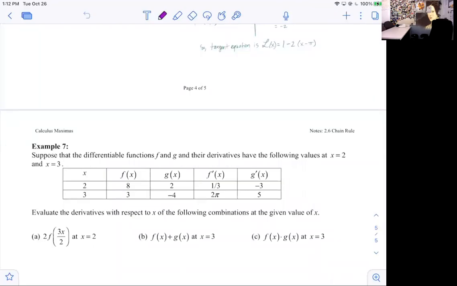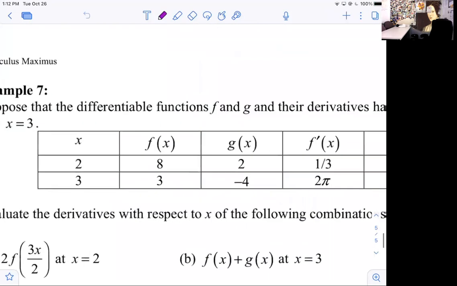Okay, here we go. Of course, we've done this already with other functions, but one of the things we could do is take the derivative symbolically using the name of the equation, and then plug in on the back end from a table or a chart. And that's what we're doing right here. So suppose that on example 7, we have the differentiable functions f and g.